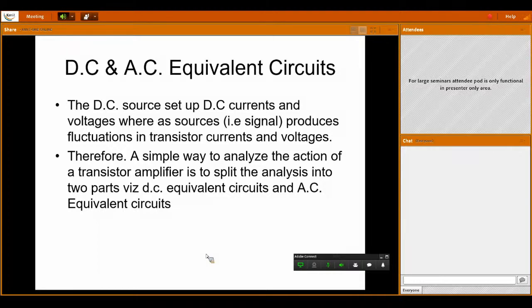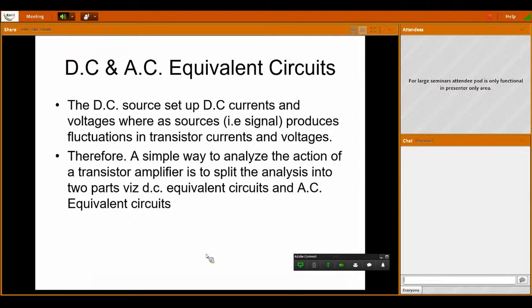Now, when you are doing the DC analysis, we have to open circuit all your coupling capacitors and your bypass capacitor as well. And the AC signal source must be grounded. While you are performing your AC analysis, we have to ground the DC signal source.